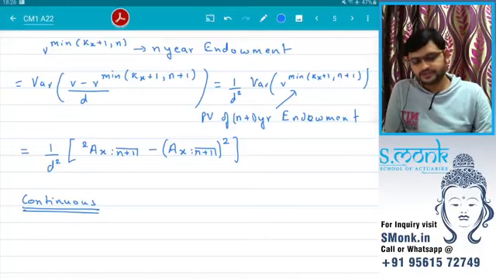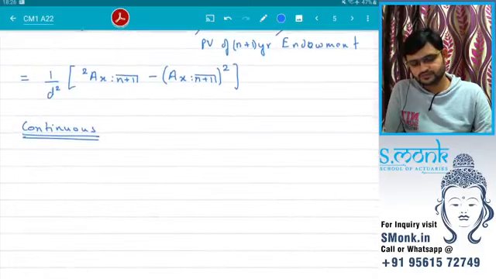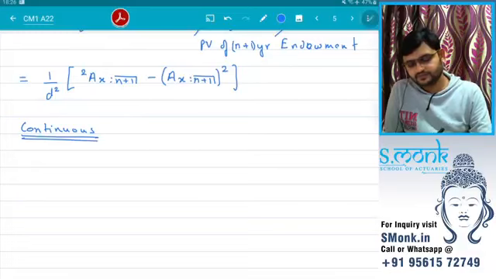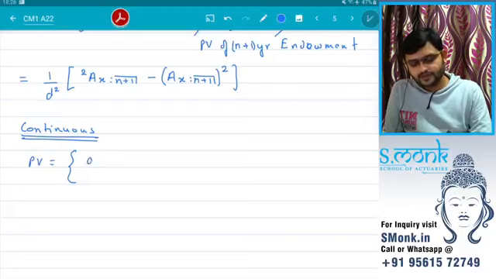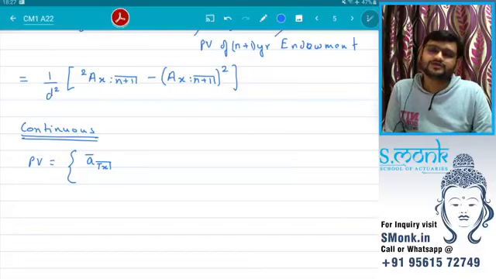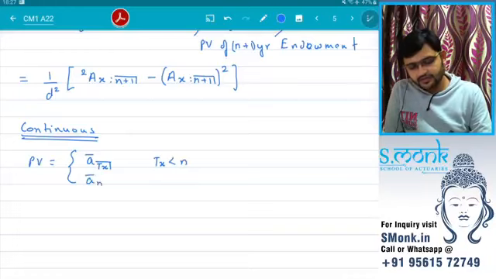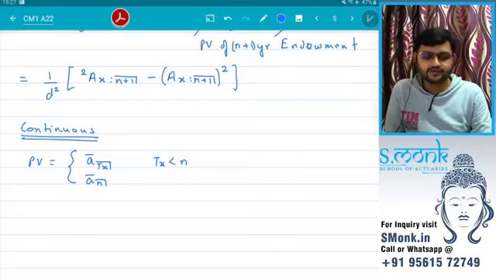Now we talk about continuous. Okay, when we talk about continuous, what will we say? We'll say that present value will be equal to A bar Tx, annuity given till the person immediately dies, and we will stop that annuity when Tx is less than n, and the annuity would be given fully, everything would be given, if Tx is greater than or equal to n.